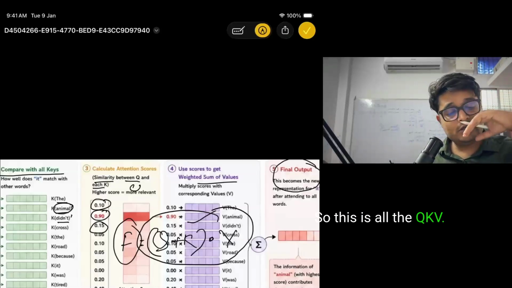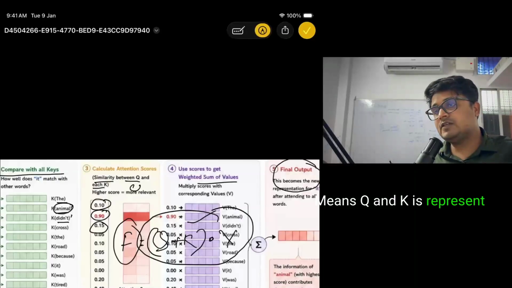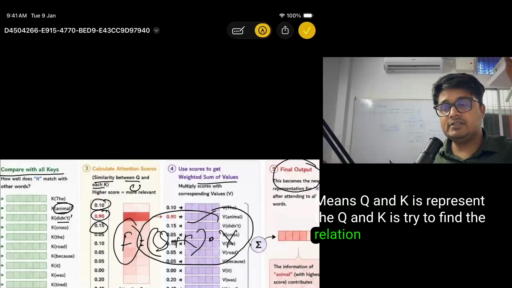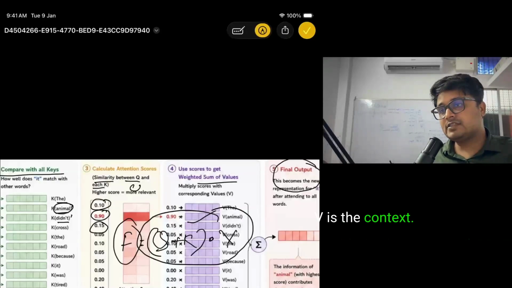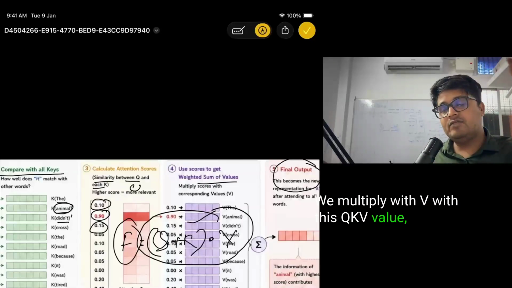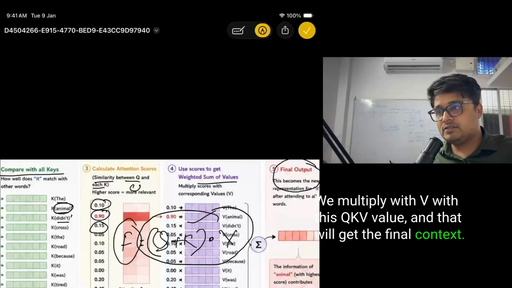So Q and K find the relation, which is the attention score. V is the context, and we multiply V with the QKV value, and that gives the final context. Thank you guys.